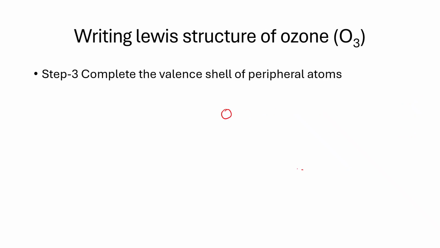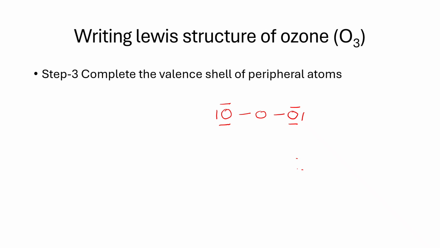Now let me redraw the structure that we got in the previous slide, right? And according to the previous slide, we need to account for 14 more electrons. Now what we do here is that we complete the valence shell of the peripheral atoms by putting those electrons as lone pairs. So we have 3 lone pairs on each oxygen at the periphery.